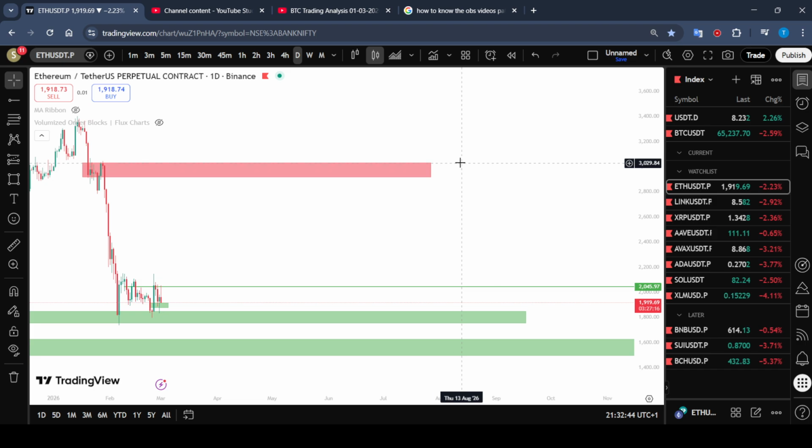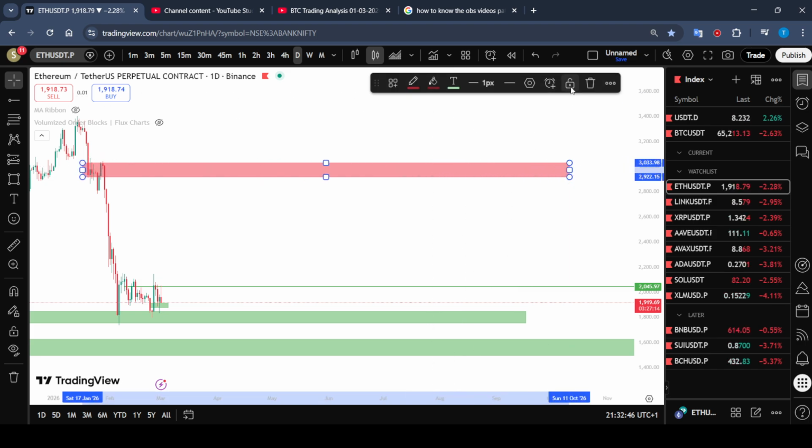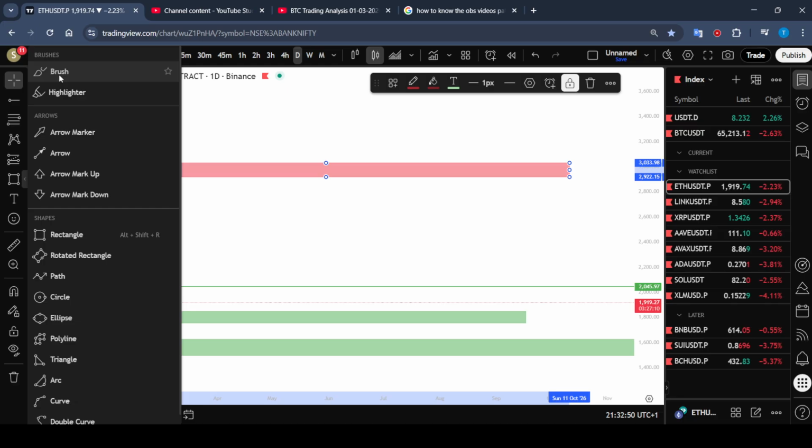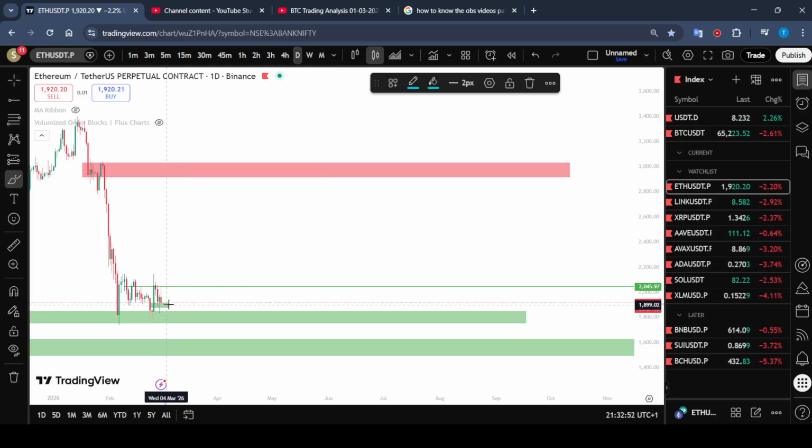But are you 100% sure that market will go directly from this point to here? Is it possible? No. So how will the market reach that particular point?